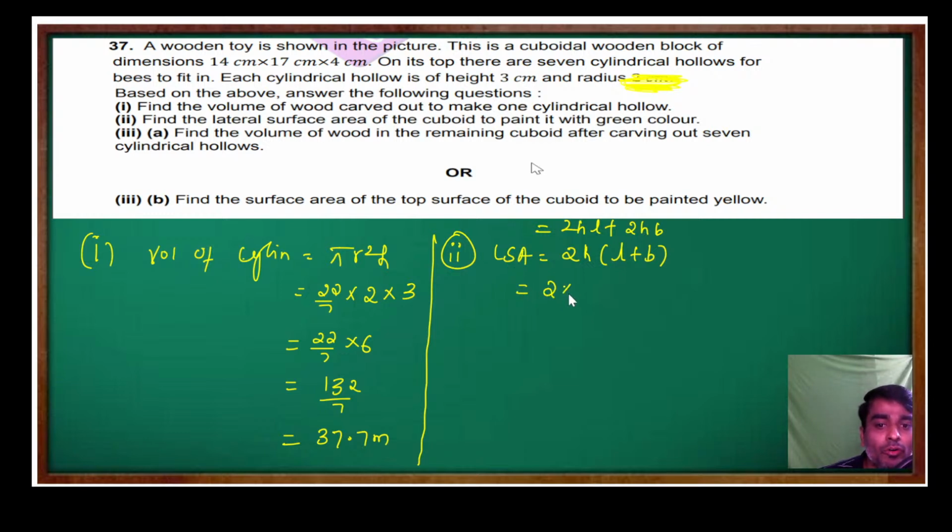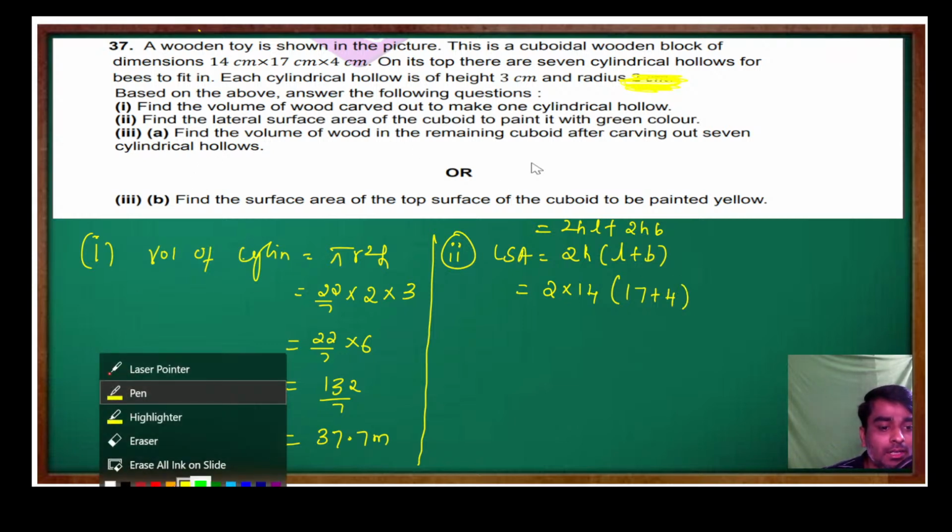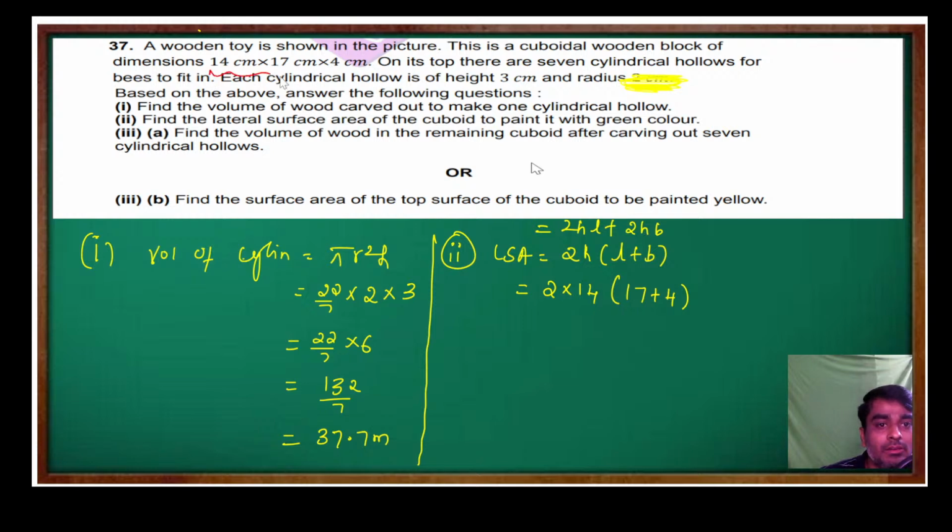2 into 14. Height is given to you, 14. And this is 17 plus this is 4. Here the values are. Actually this order is LHB.